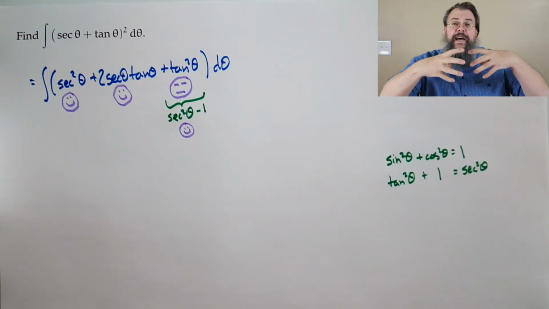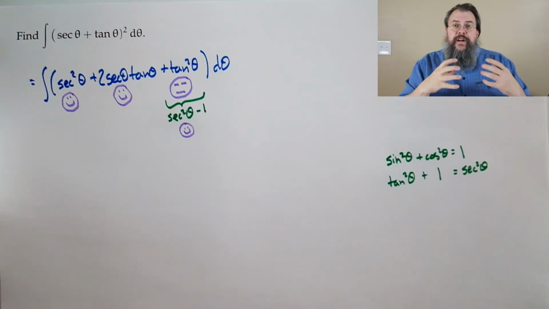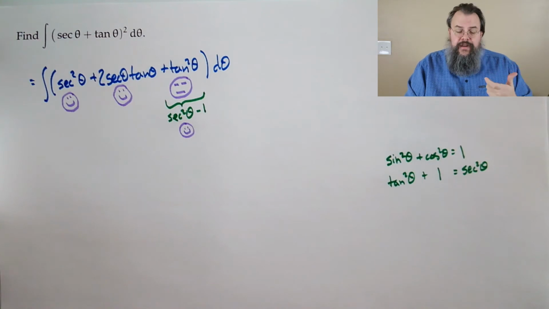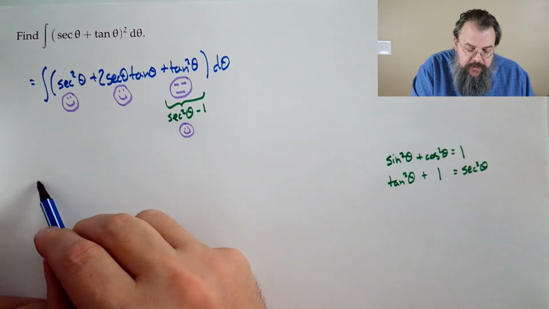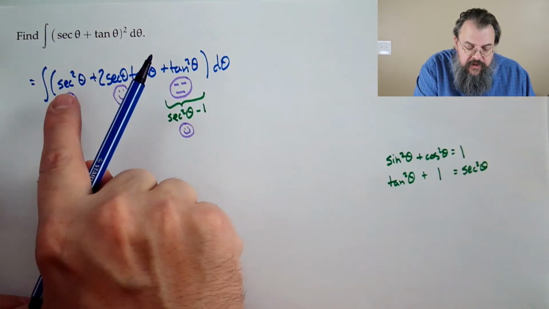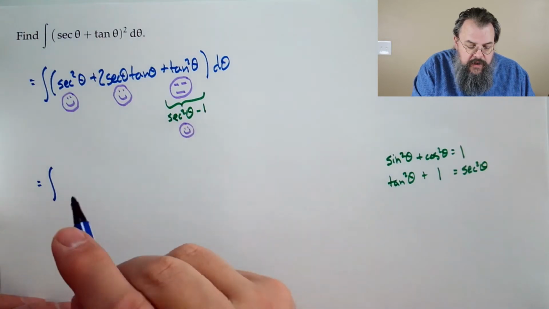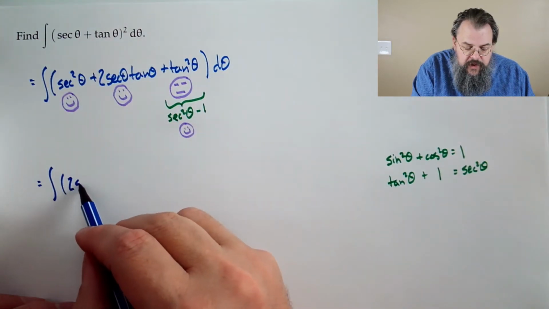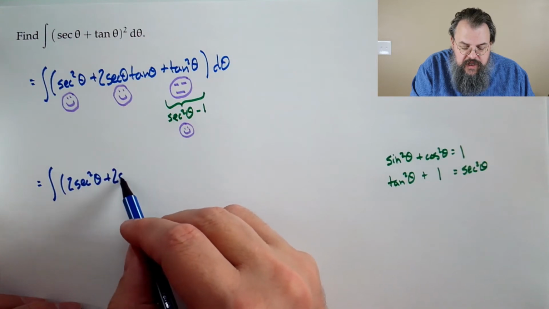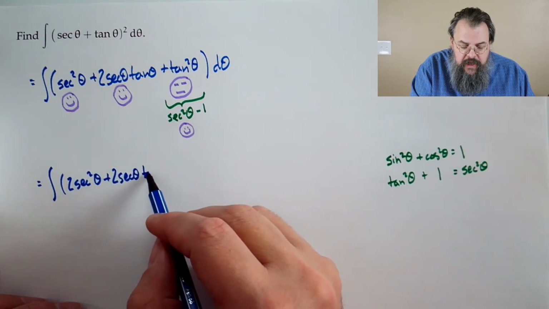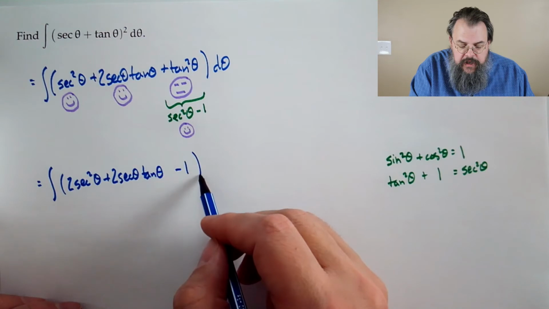So we did algebra to expand, looked at our pieces and said, hey, this piece on the end, we want to clean it up so that we have something to work with. So this becomes the integral of, well, there's a secant squared and another secant squared. So 2 secant squared, and there's 2 secant tangent, and then there's the minus 1.